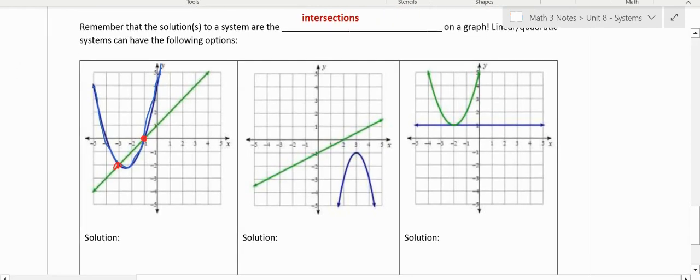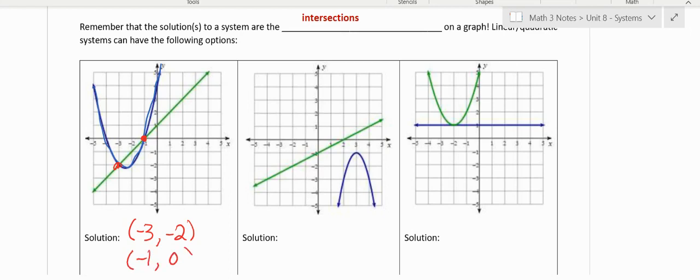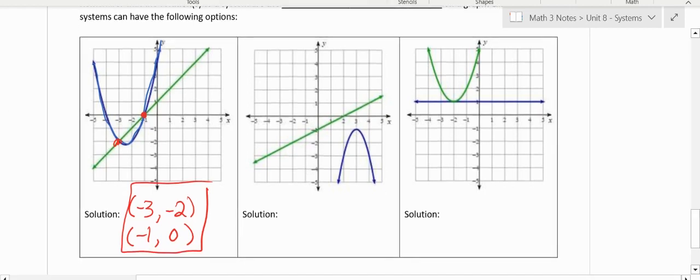They actually have 2 solutions. It crosses at (-3, -2), and it crosses at (-1, 0). So I actually have 2 solutions for this system, right? Because there's 2 intersection points. Another situation you could have with a linear and a quadratic is no solution. You could see this green line, this linear, does not cross this quadratic. This would be an example of no solution.